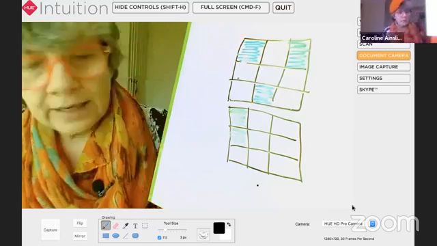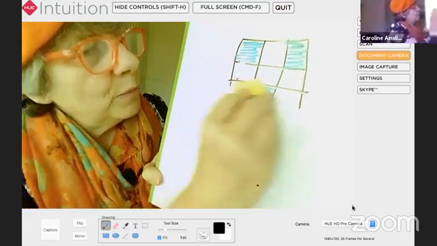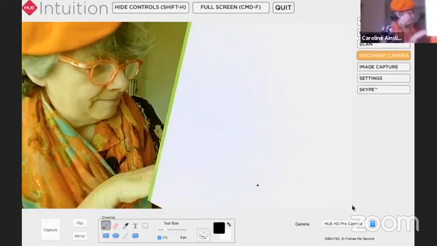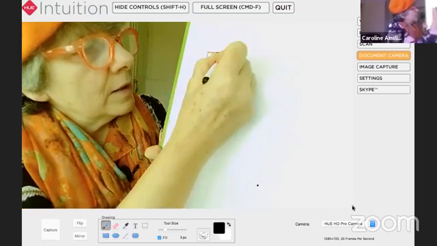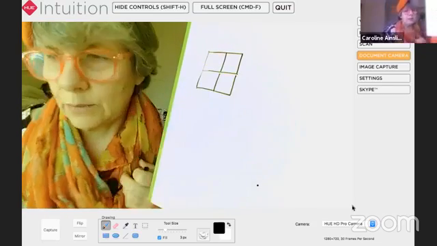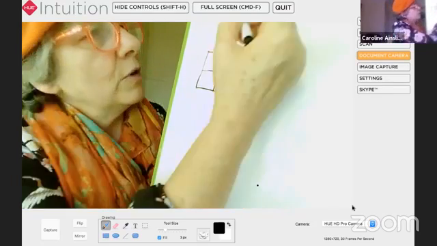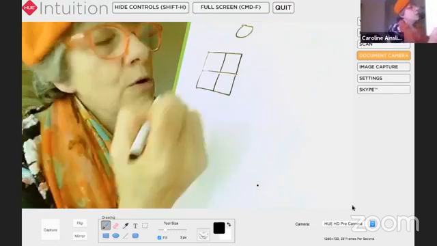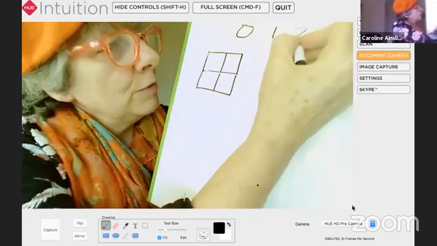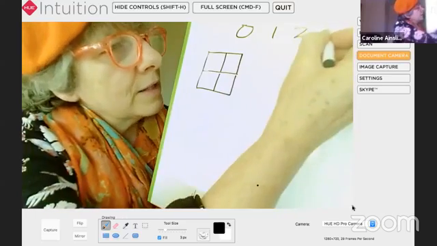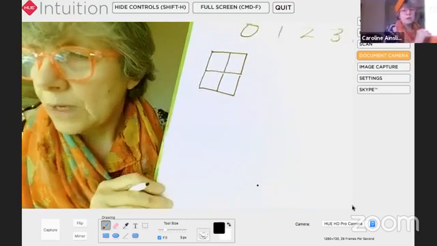That's the principle. Now we're going to actually start, I'm going to illustrate it with squares, with 4 squares. The first thing we're going to look for is symmetries with no squares shaded, with 1 square shaded, with 2 squares shaded, with 3 squares shaded, and with 4 squares shaded.